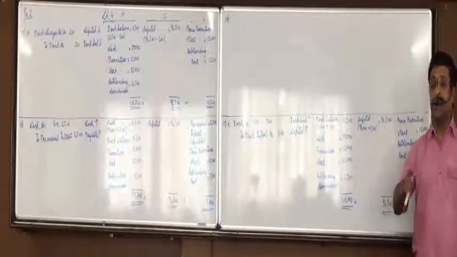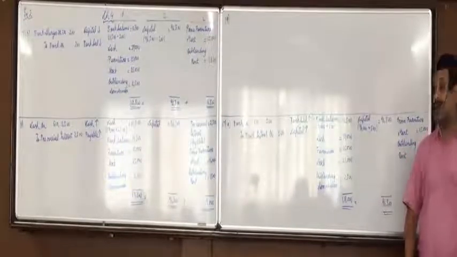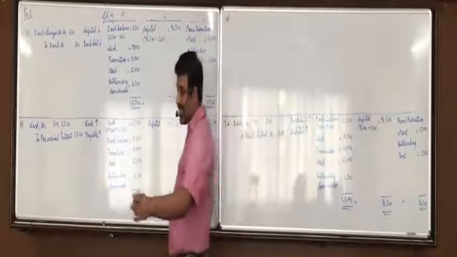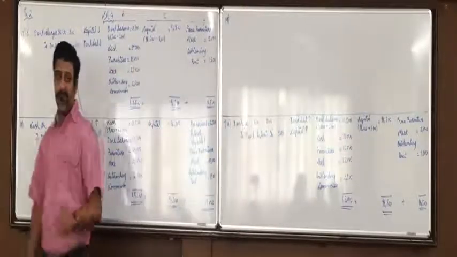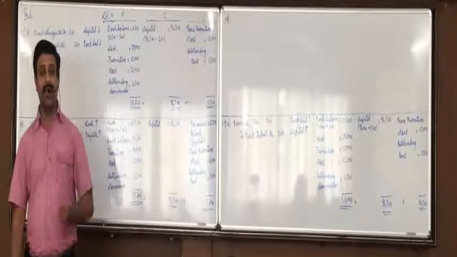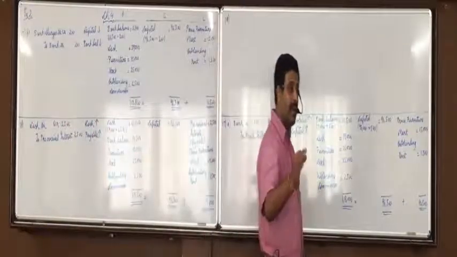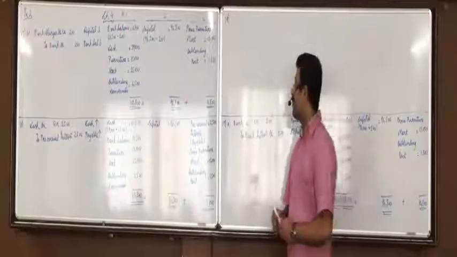Completed? Now next one, advertisement expense paid in advance 3,000. This also I made you write in the summary yesterday. Prepaid expenses are receivables, because if you paid the money in advance, then against that the services are receivable. What is receivable is services. So prepaid advertisement is receivable.